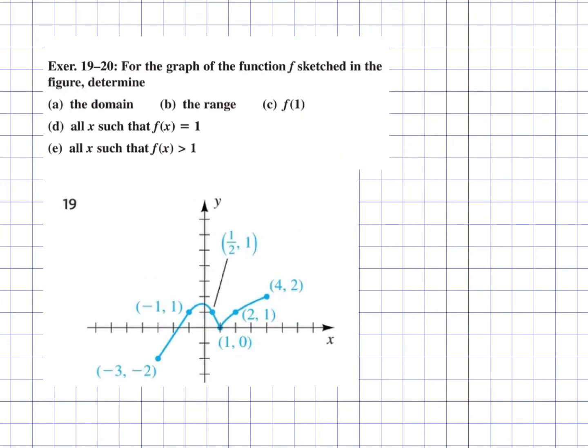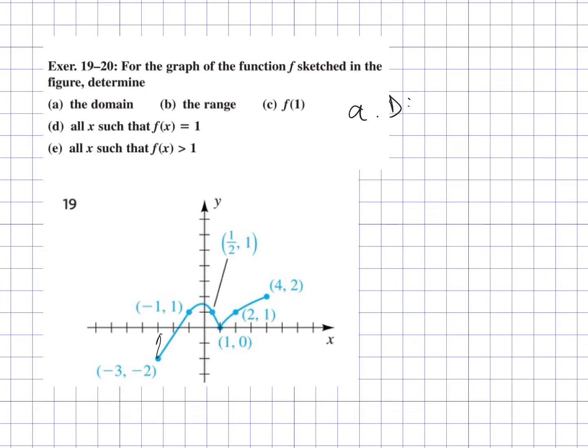19. For the graph of the function f sketched in the figure, determine all of these things. All right, now listen up. This is important. You're going to have to do all of these things and understand all of these things as you're graphing as well. So on part A, the domain, if we put everything up on the x-axis, would start at -1.